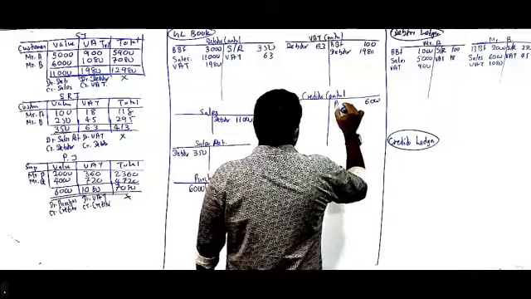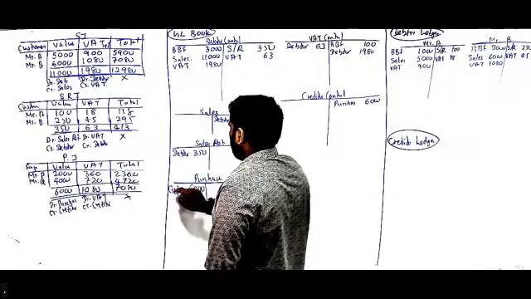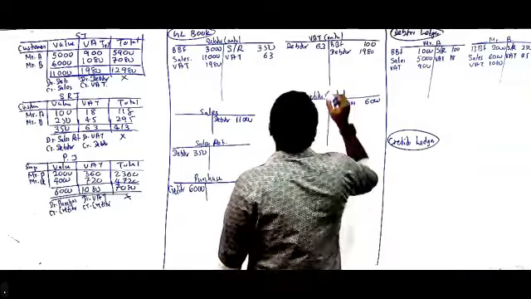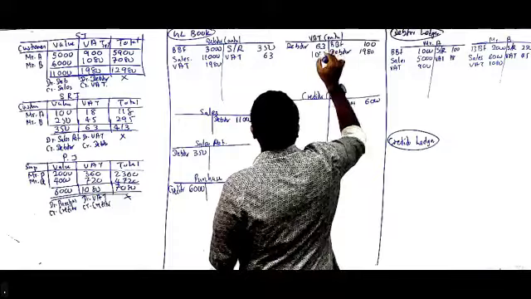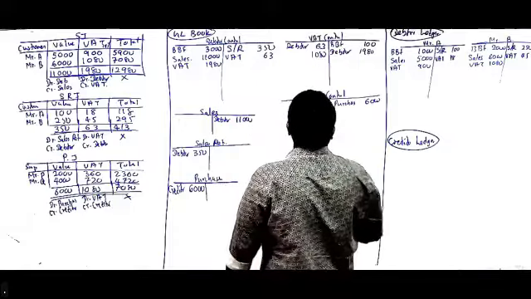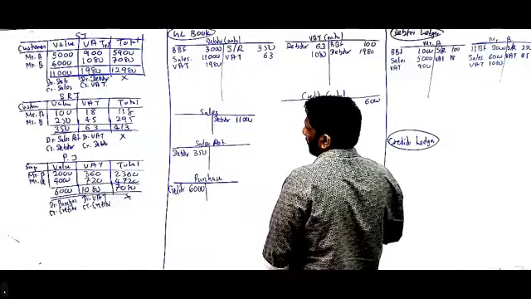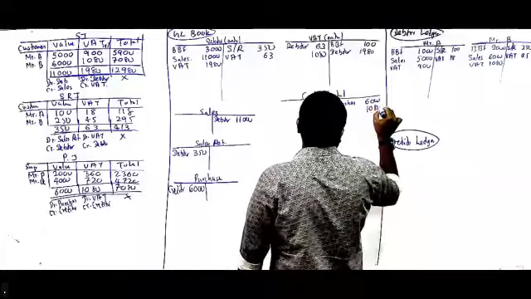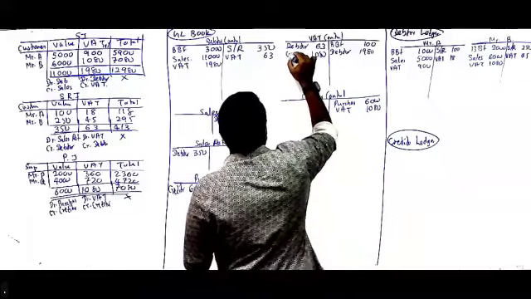Here you can write purchase. Here you can write creditor. Then debit the VAT account 1080. Credit the creditor's account 1080. Here you can write VAT. Here you can write creditor.